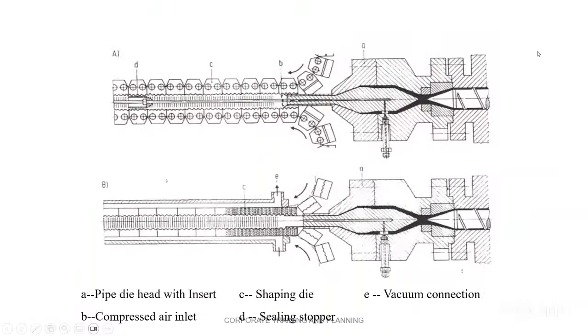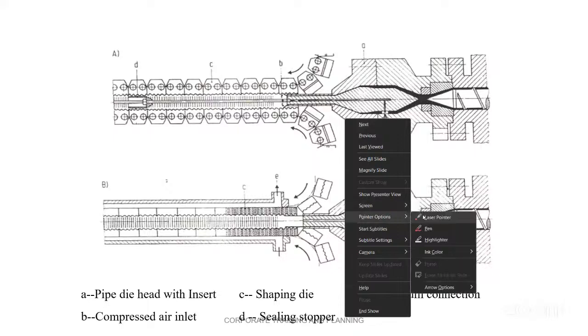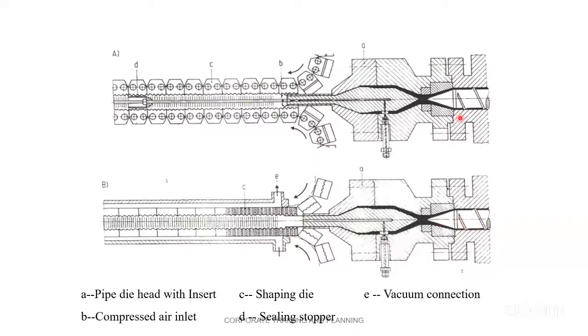Now, friend, see here. We have seen this pipe, right? These are the blocks, and we are manufacturing corrugated pipe. This is the screw. The die is the same as our die, but the die is changing here.